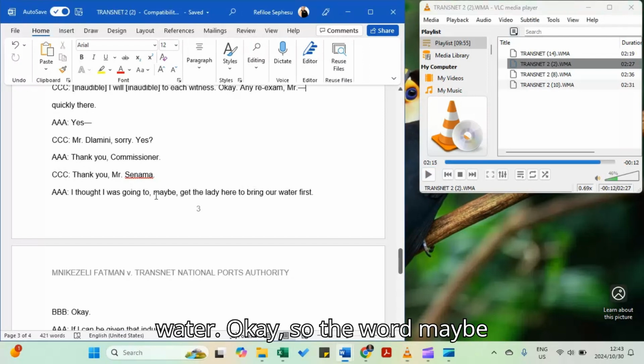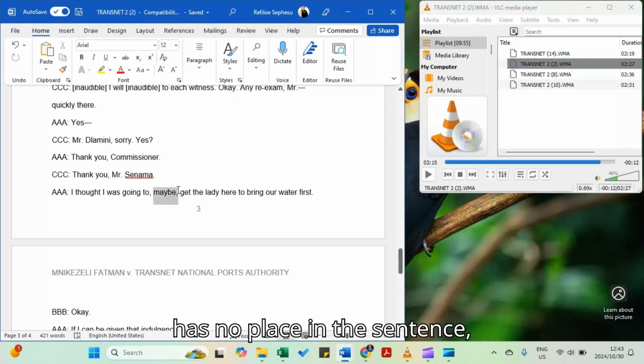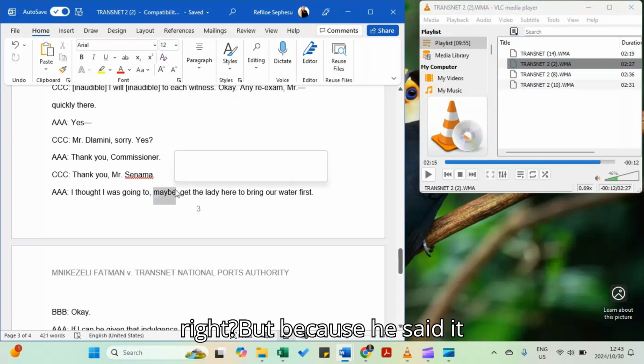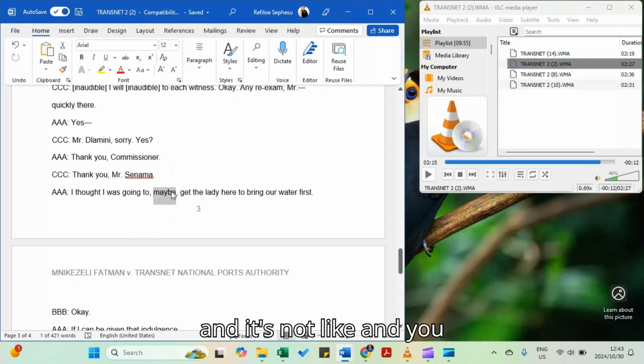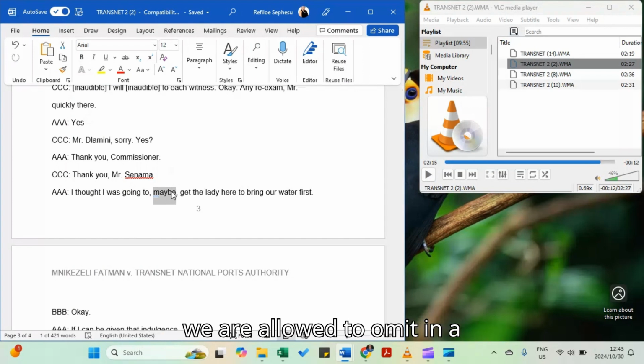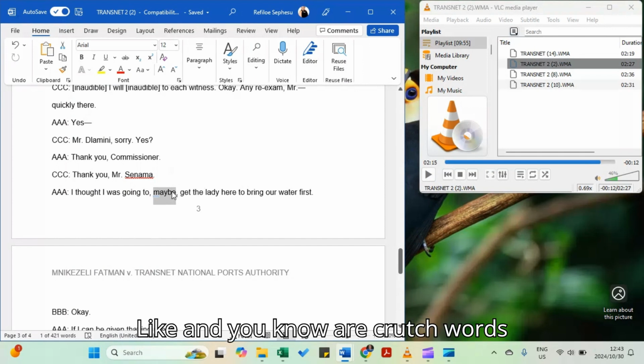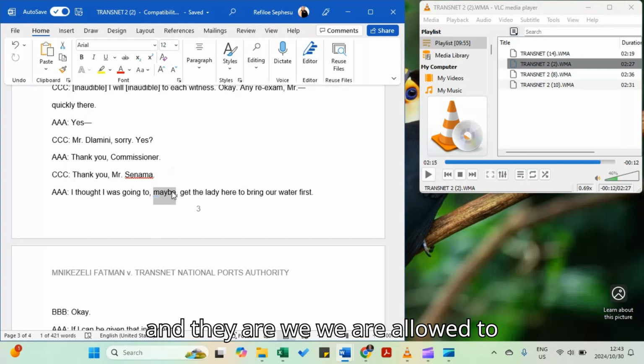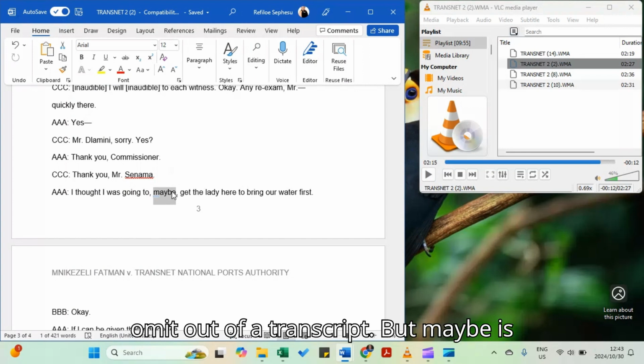Okay, so the word maybe has no place in this sentence, right? But because he said it, and it's not like or you know, those are the only two words that we are allowed to omit in a transcript by convention, okay? Like and you know are crutch words, and we are allowed to omit them from a transcript.